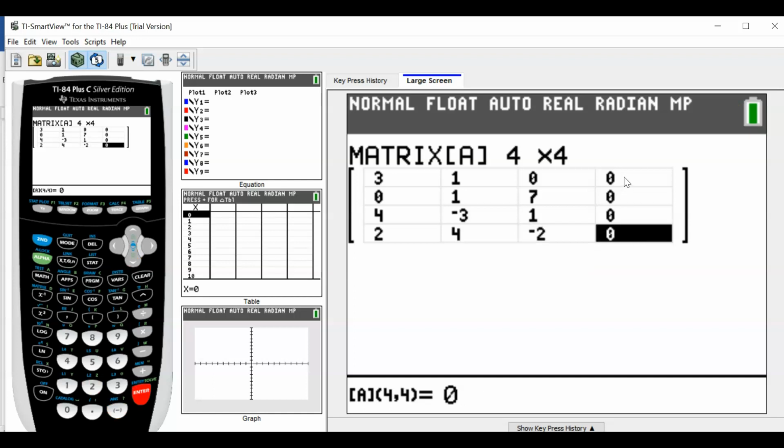And again, unless I add this dummy column on the right hand side, it's not going to row reduce real nicely.